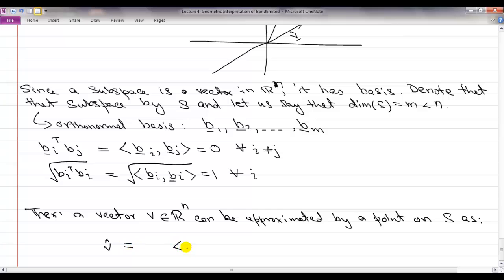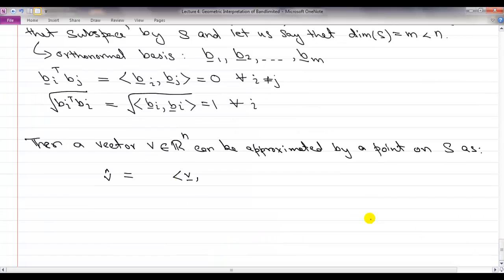You take your vector, the vector that you want to approximate, you compute its inner products with all the basis vectors, bi, and when you compute that inner product, you multiply that inner product with the basis vector itself, and you sum all of them up, i equal to 1 to m. Okay.